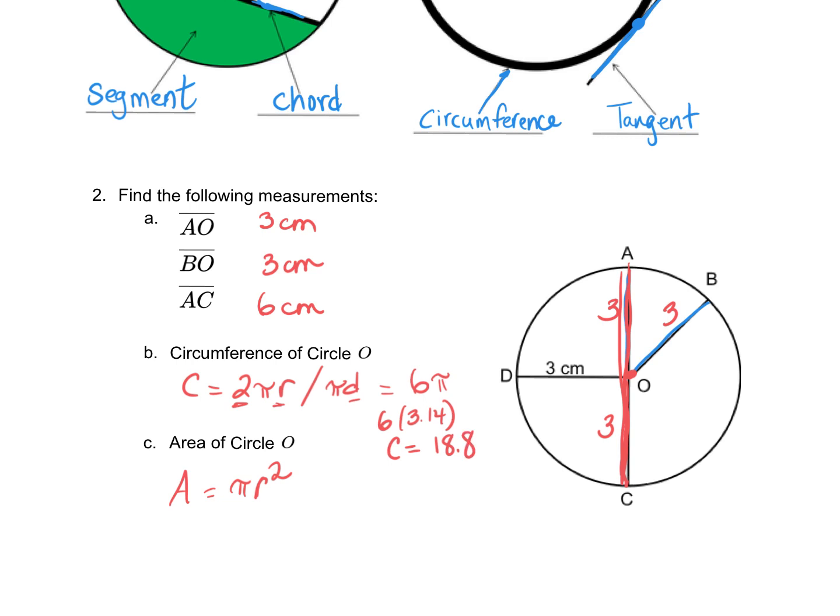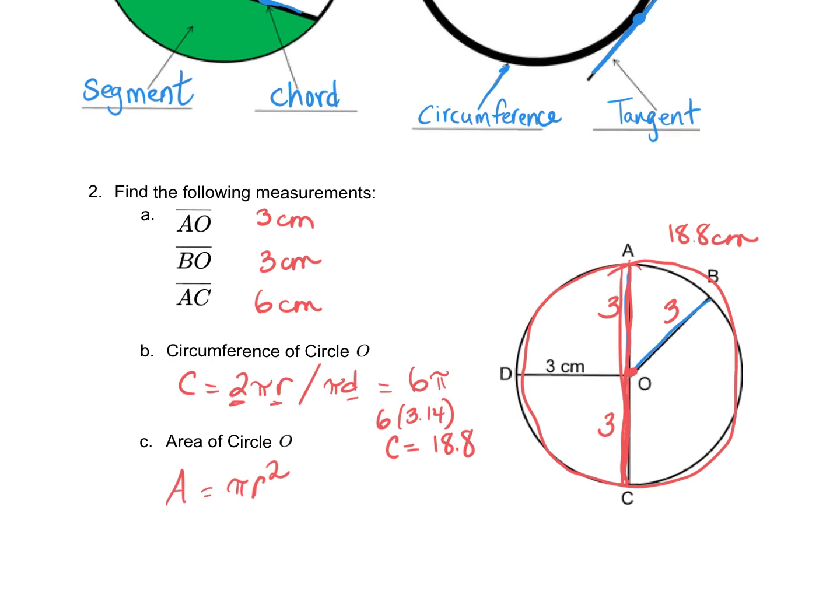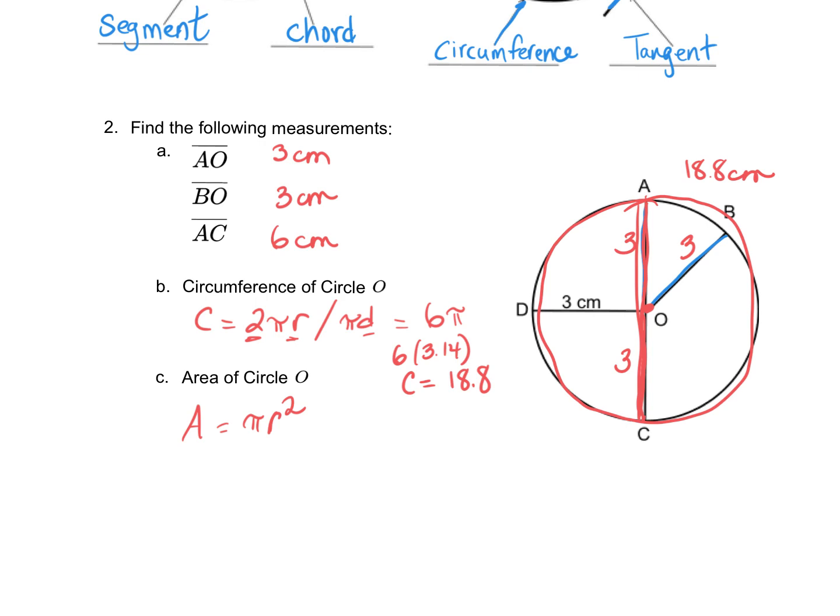Okay, so all we're doing is multiplying. We did 2 times the radius, 2 times 3, or took the full length of the diameter, which is 6, and multiplied it times pi, or 3.14. And so we got our circumference, which is the measurement all the way around the circle, to be 18.8 centimeters.